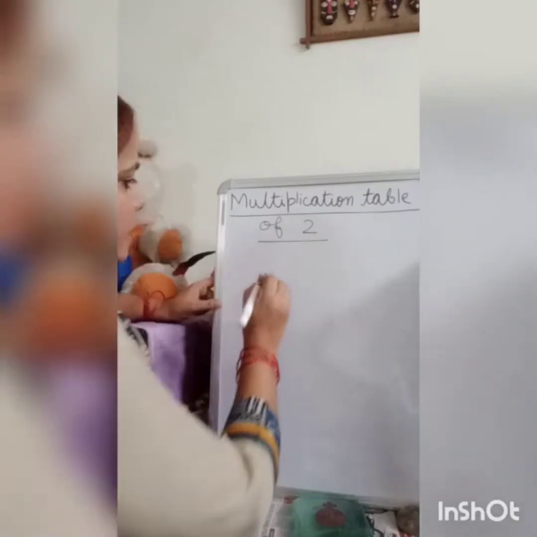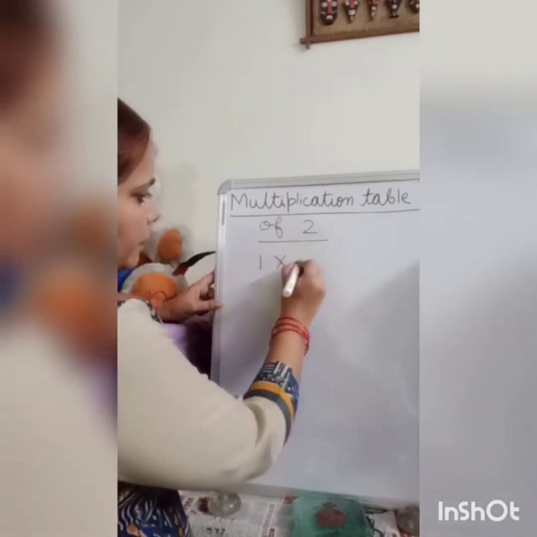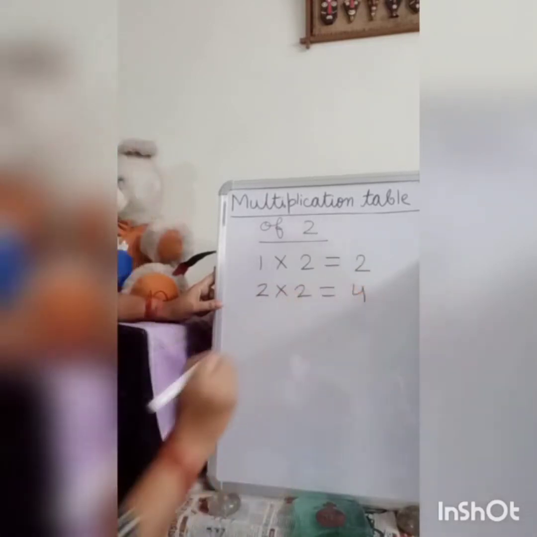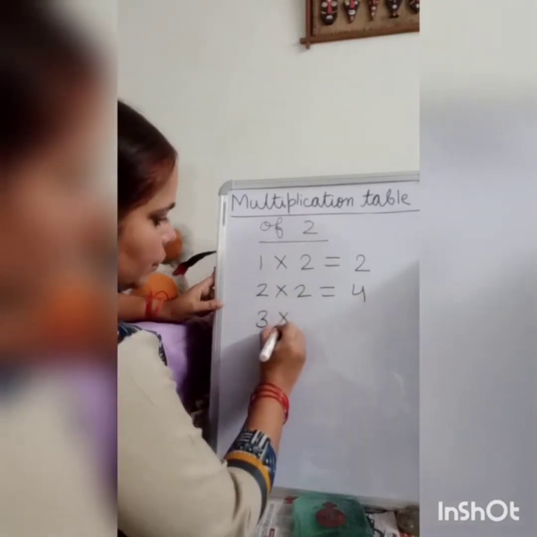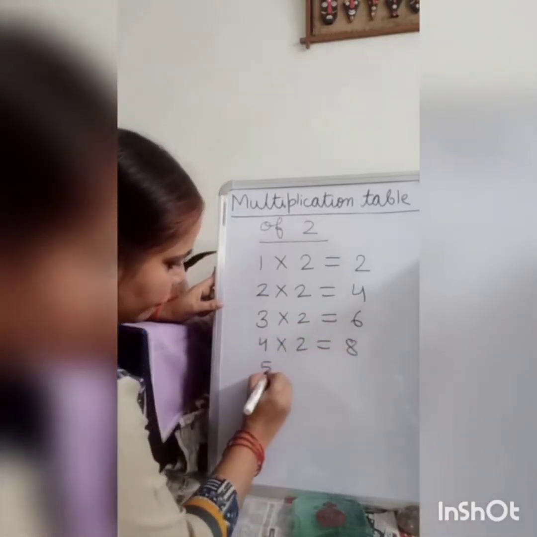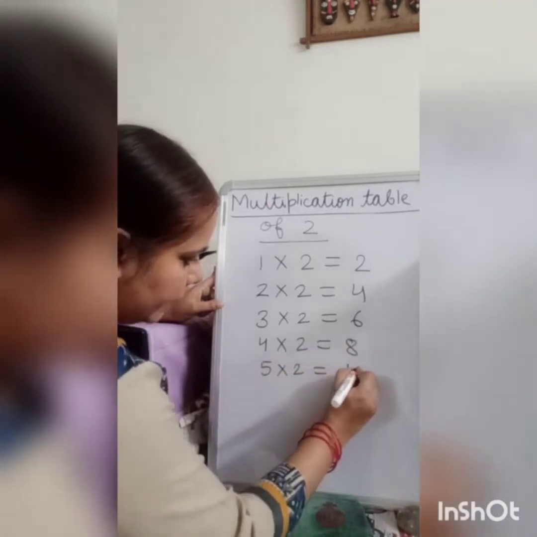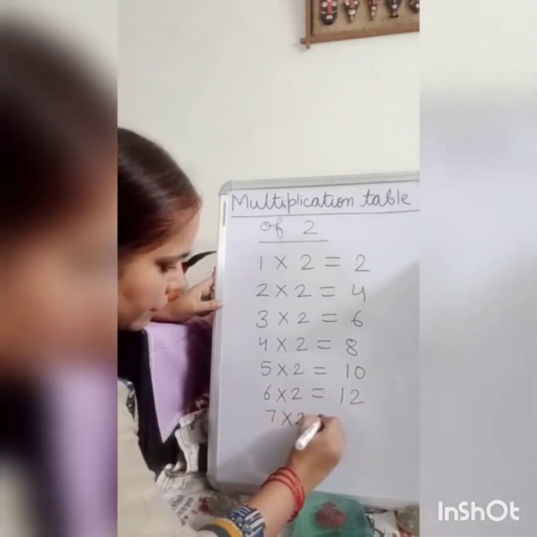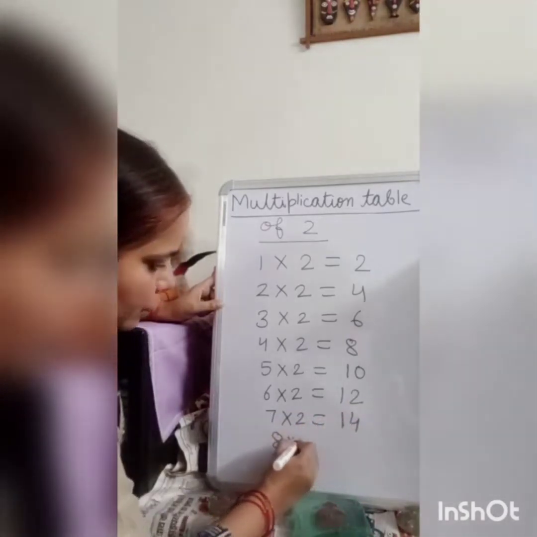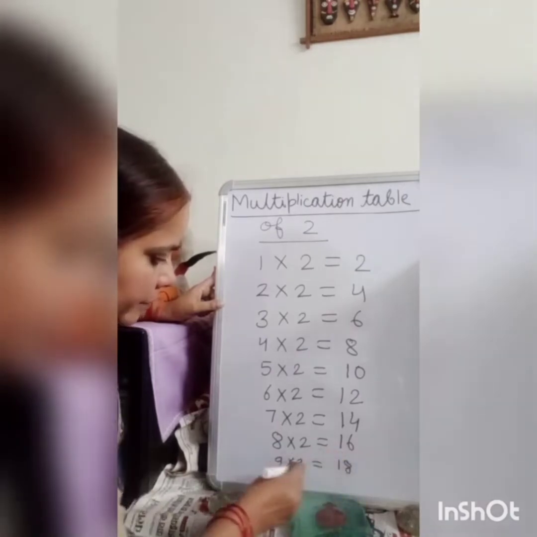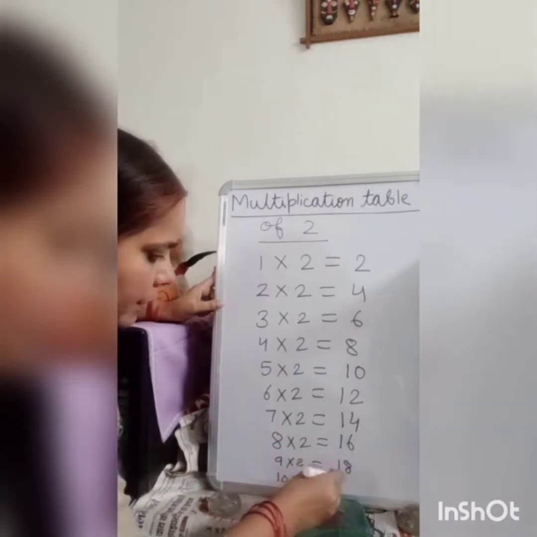Yes children, just see. 1 times 2 is equal to 2. 2 times 2 is equal to 4. 3 times 2 is equal to 6, and 4 times 2 is equal to 8, and 5 times 2 is equal to 10, and 6 times 2 is equal to 12, and 7 times 2 is equal to 14, and 8 times 2 is equal to 16, and 9 times 2 is equal to 18, and 10 times 2 is equal to 20. Okay, can you see this?